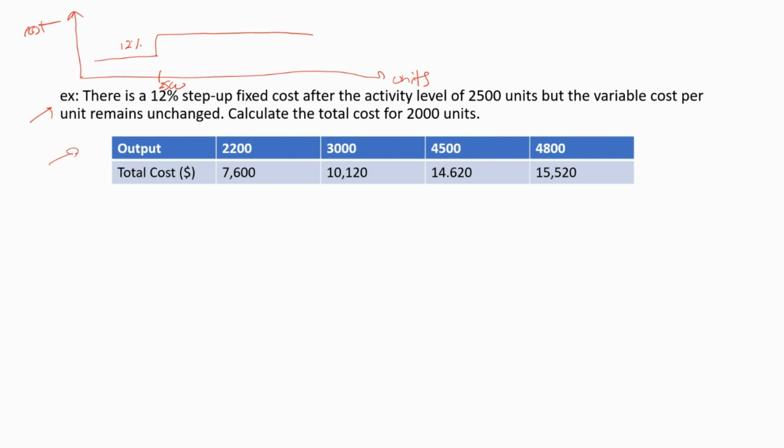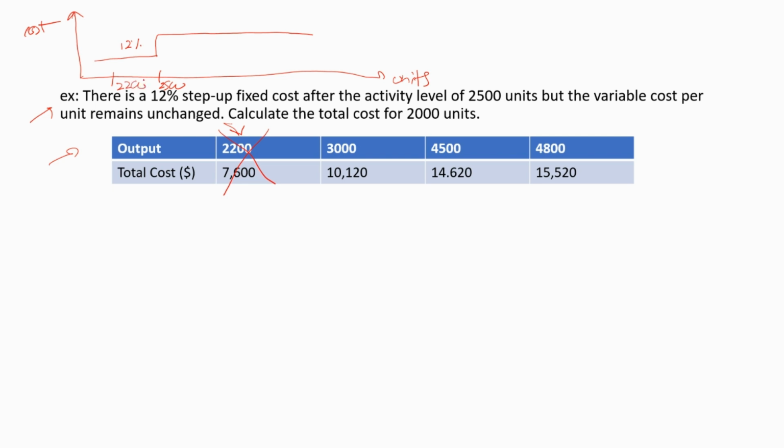Now let's go to this table. They have given the output levels 2200, 3000, 4500, 4800. Now we have to select the lowest activity level and the highest activity level. So can we consider the lowest activity level as 2200? No, we can't, because there is a step fixed cost after 2500. Let's go to this graph. 2200 will be here.